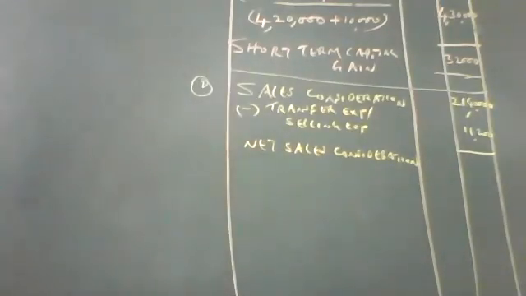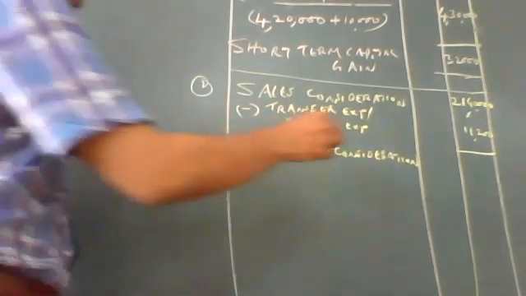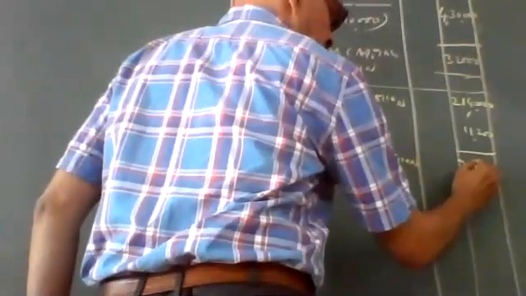Net sales consideration: 21 lakhs 40,000 minus 11,200. How much did you get? So 21,28,800, 21 lakhs 28,800.